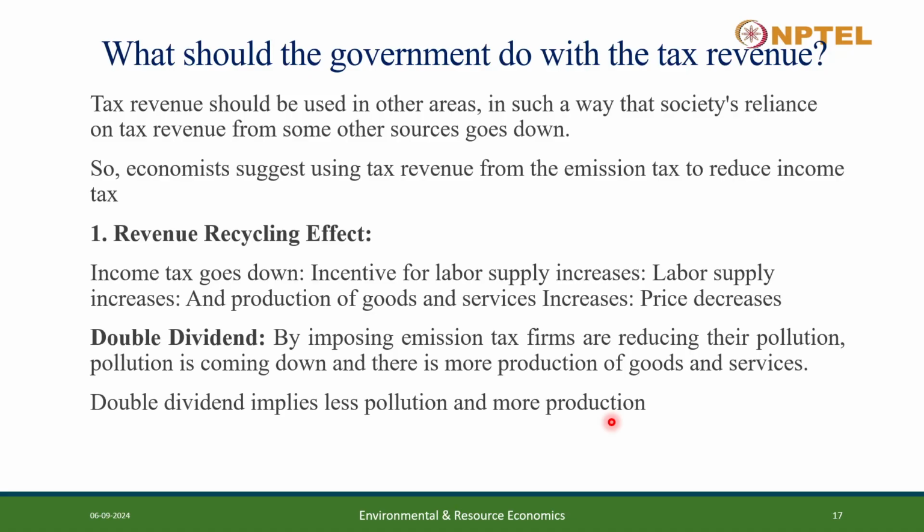Let's say that when tax revenue is collected on emissions, then the income tax can be reduced. When the income tax goes down, the incentive for labor supply increases, and when the labor supply increases, the production of goods and services increases, leading to reduced prices. This is called the revenue recycling effect, in which the tax revenue is used to reduce the income tax.